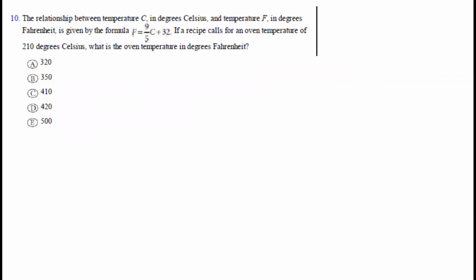Question 10. The relationship between temperature C in degrees Celsius and temperature F in degrees Fahrenheit is given by the formula. So this is your formula. Now, if a recipe calls for an oven temperature of 210 degrees Celsius, what is the temperature in Fahrenheit?